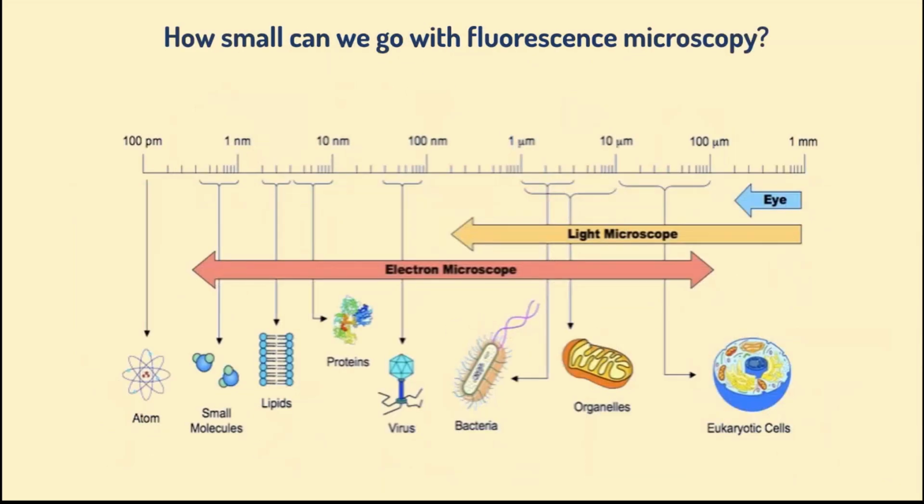And why, with fluorescent microscopy, did I say that it enabled us to see living things? With electron microscopy, we can reach further resolution to see small molecules or lipids. We cannot do this with light microscopy because we have the diffraction barrier. We will talk about this later. But now with some methods of super resolution, we can see even further in the nanometer scale, and we can even see viruses.